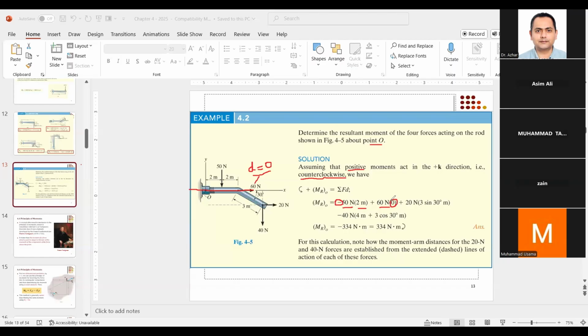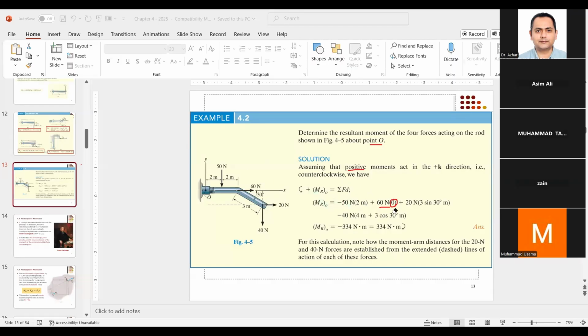So I repeat myself, if the line of action of the force passes through the point about which you want to calculate the moment, then the moment will be zero because the moment arm will be equal to zero. Okay, so this is the second one, 60 Newton.